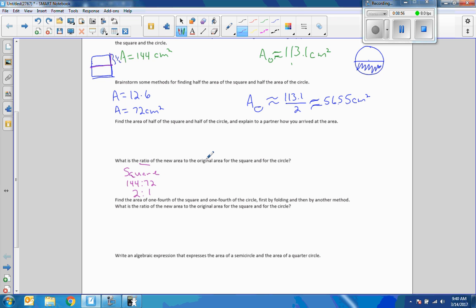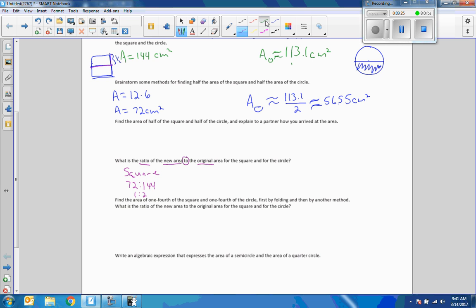Ratio of the new area to the original. So there I need to be careful. The word "to" means the order. So this is the "to", the ratio of the new area. So the new area's got to come first. So I did this backwards. So be really careful about that word there. New area is first, which would be 72. "To" is the colon. And then original was 144. And that would reduce to 1 to 2.